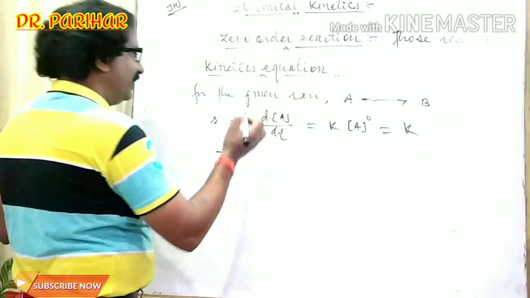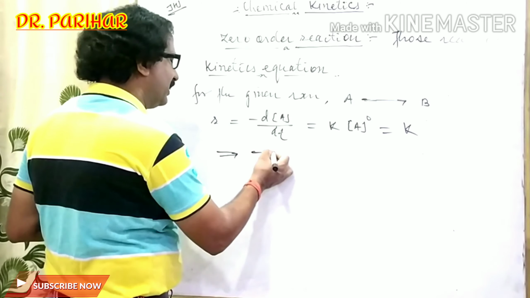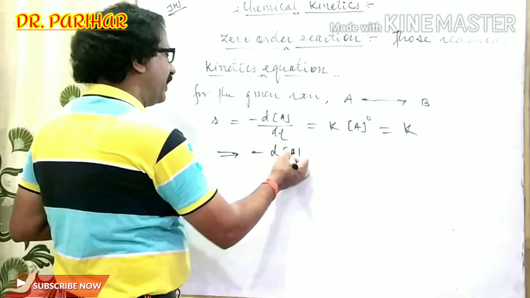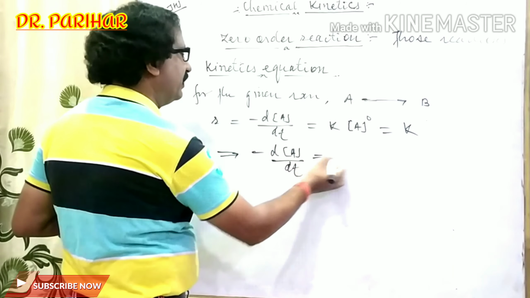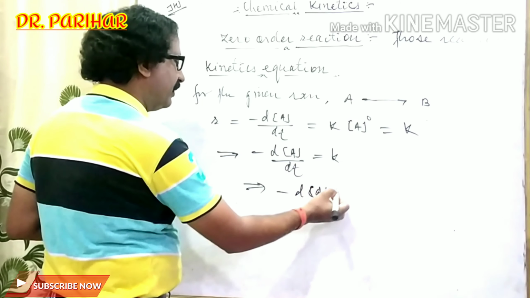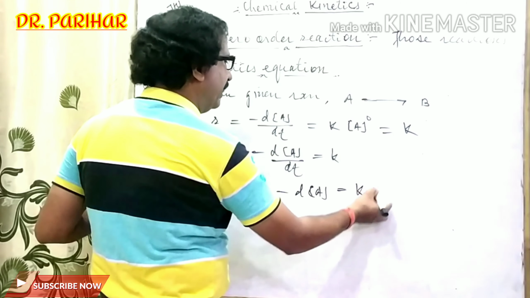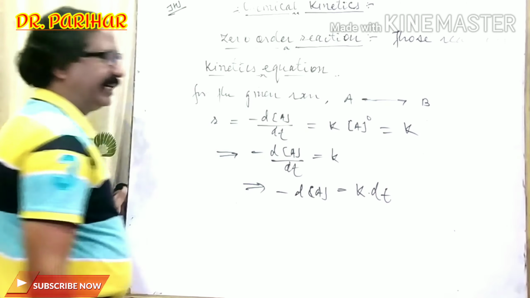So minus d of concentration of A upon dt is equal to K, which implies minus d of concentration of A is equal to K into dt. This is the kinetic equation.